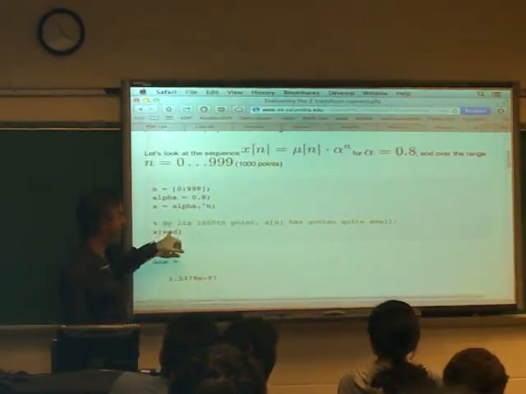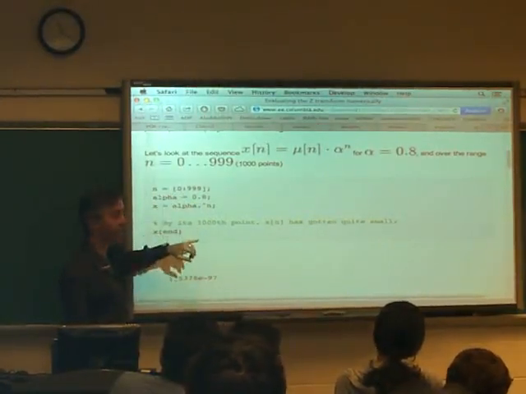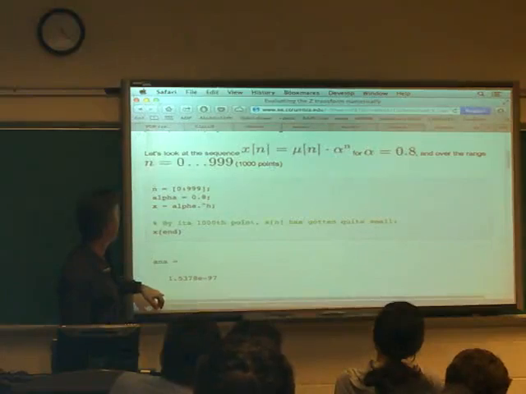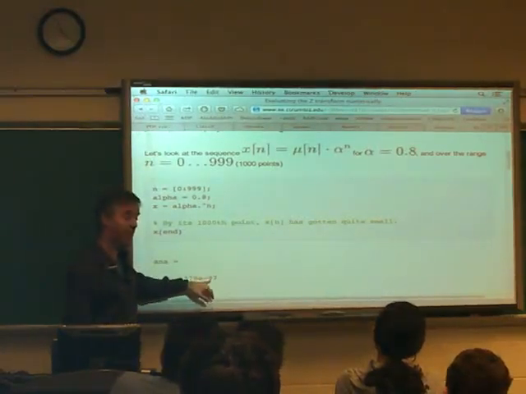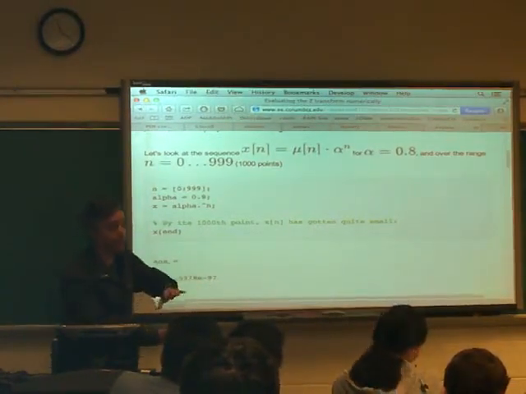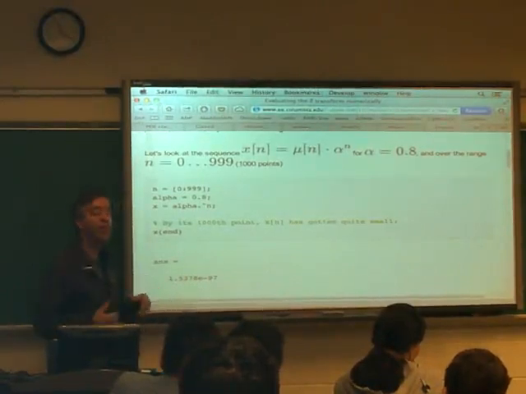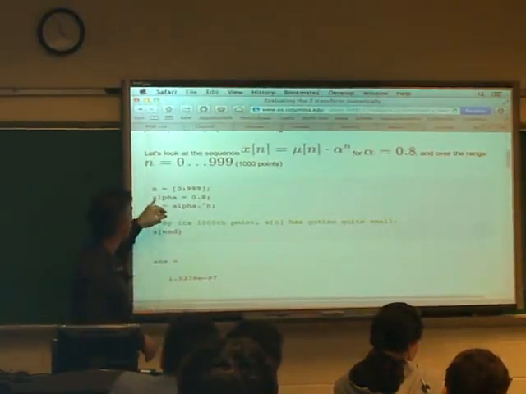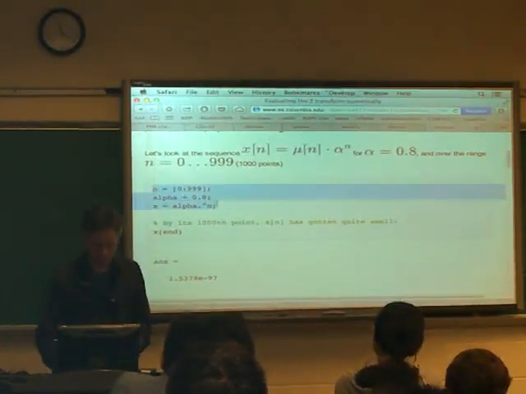By the end of that sequence, the value of x of 999, x of 1,000, I guess, is 1.5 times 10 to the minus 97. So it's almost gotten to the limit of the smallest number you can represent. This is very, very close to 0. That's what convergence means, right? If we calculate the sum of this, let's just do this in MATLAB.